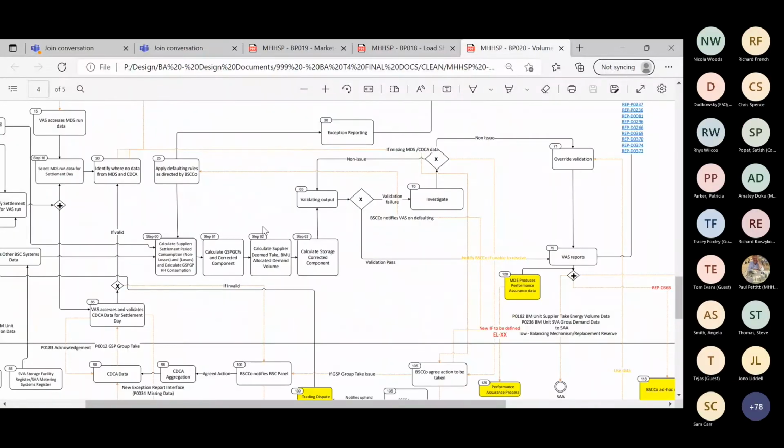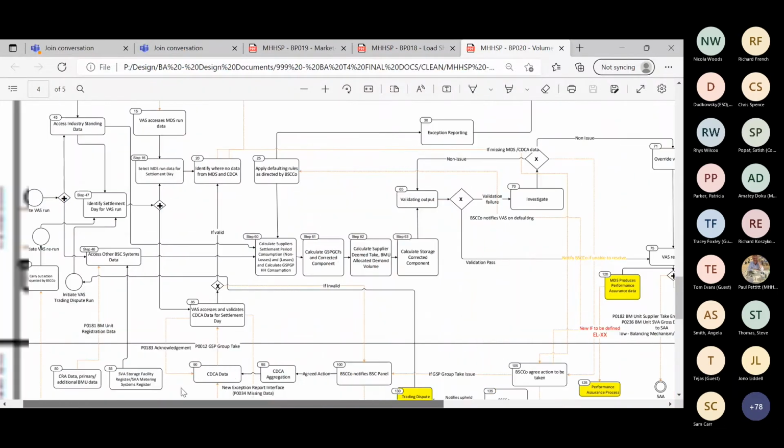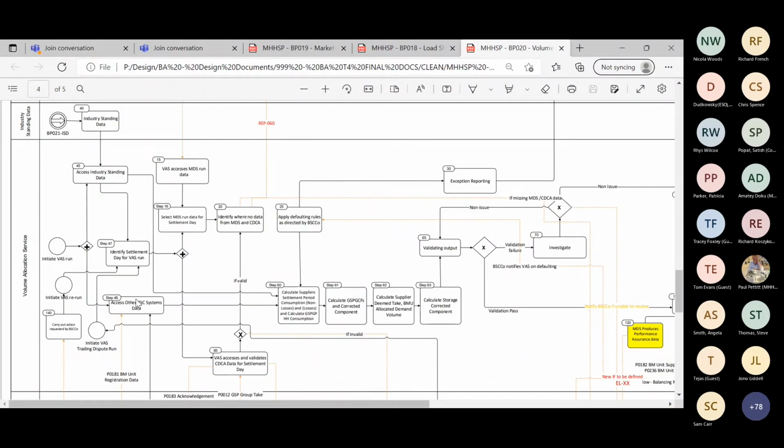There we go. Okay, so this is the business process diagram for the volume allocation service. Sorry, I'm just assuming everybody can see that. Is that correct? Yeah. Yep.